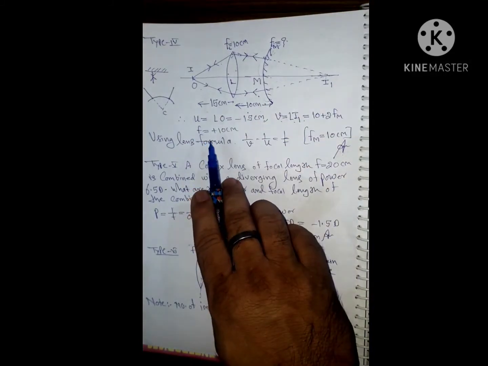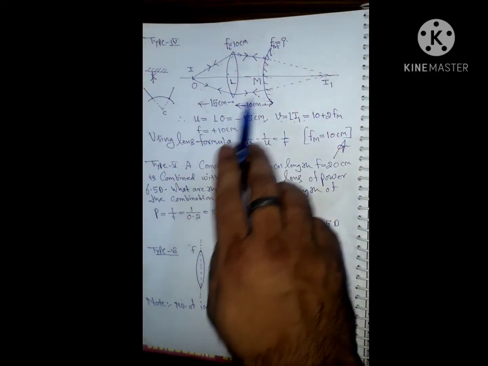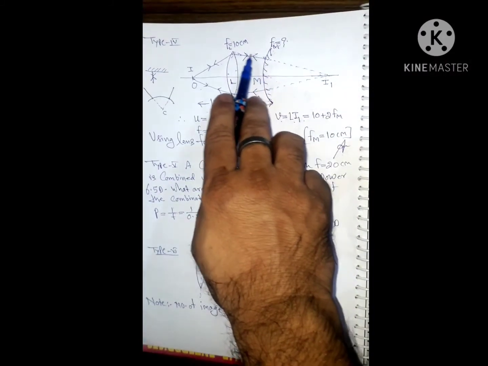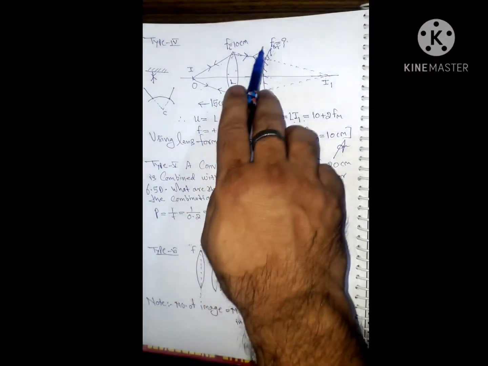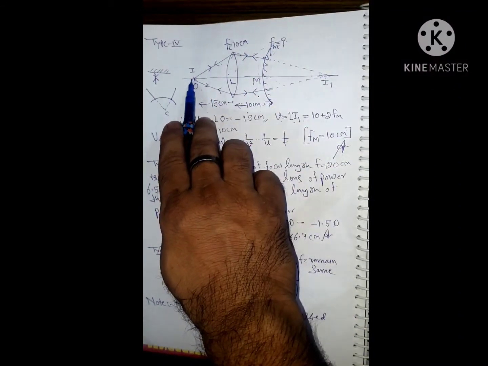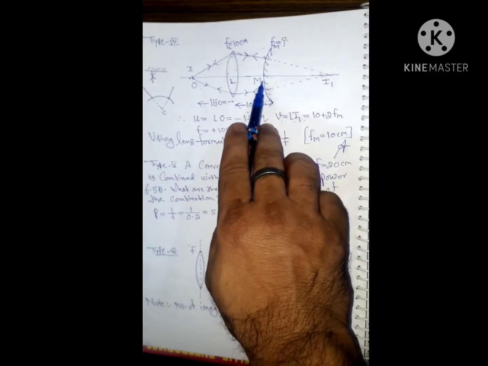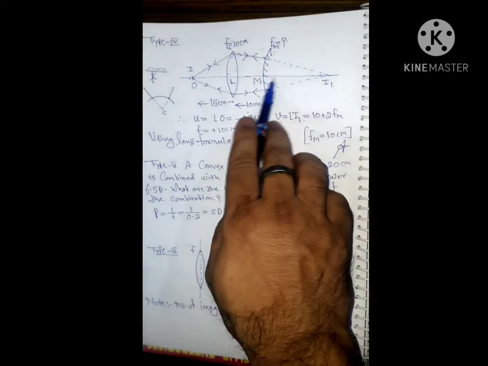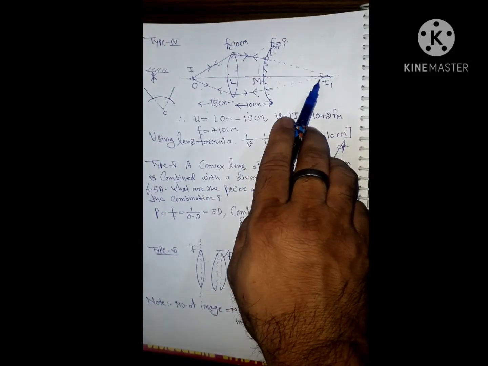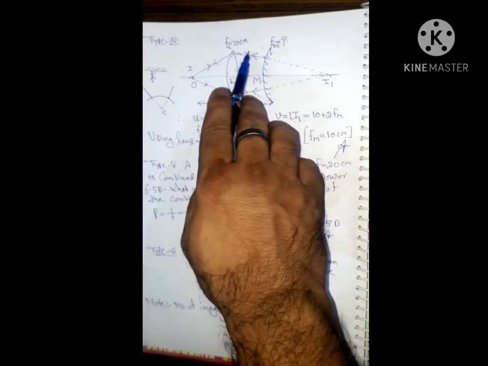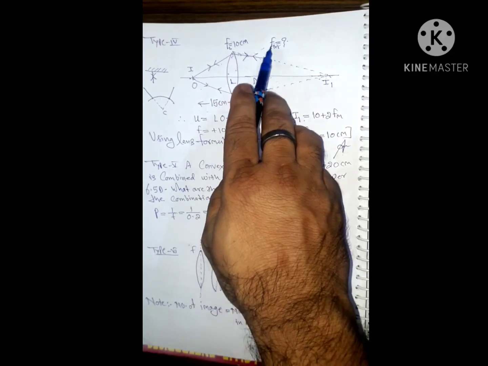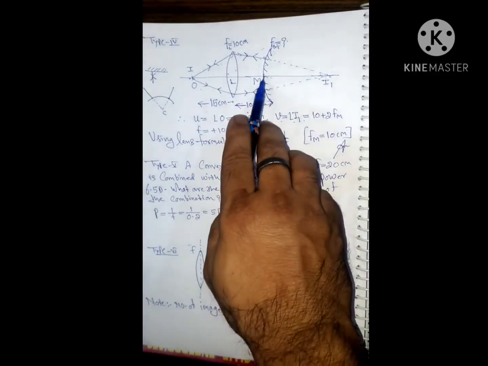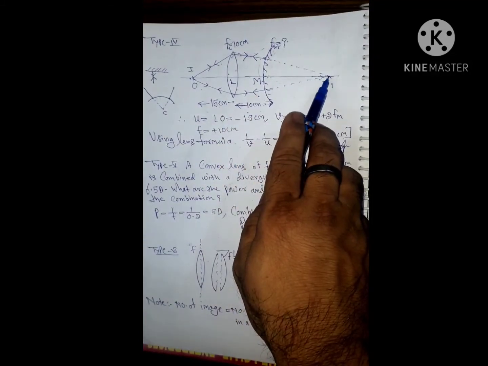With the help of the diagram, the image will again form at the point O. So MI1 is equal to 2F. Why? It is possible when any ray strikes normal to the curved surface, it should meet at the center of curvature.